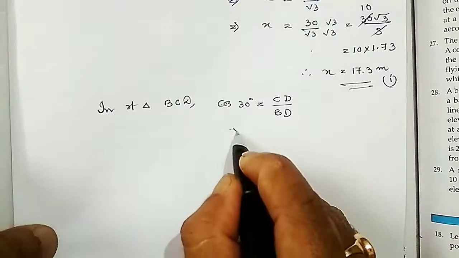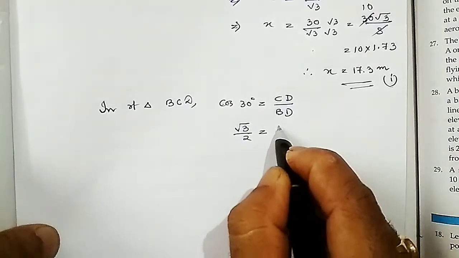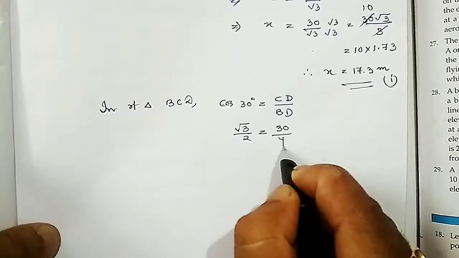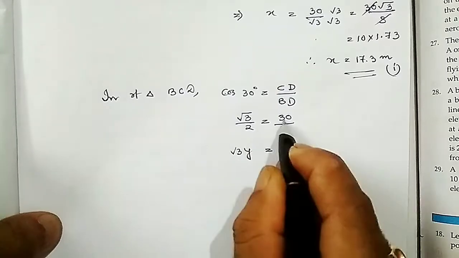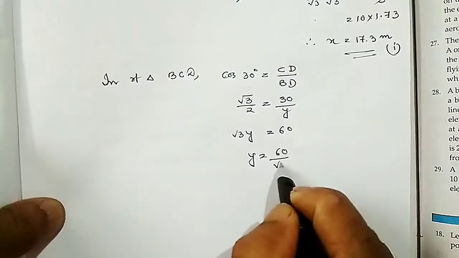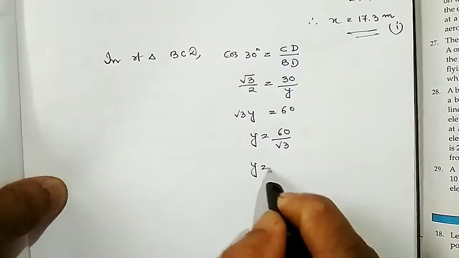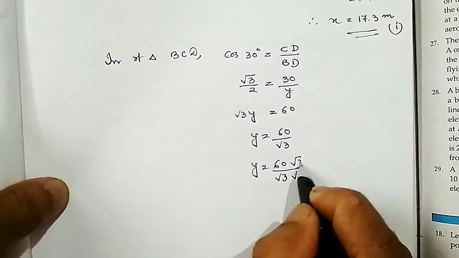Cos 30's value is root 3 by 2 equals CD, which is given in the question as 30, over y. So if I cross multiply, root 3 y equals 60. So y equals 60 divided by root 3. If I rationalize, it will be 60 root 3, we have to multiply by root 3 again.